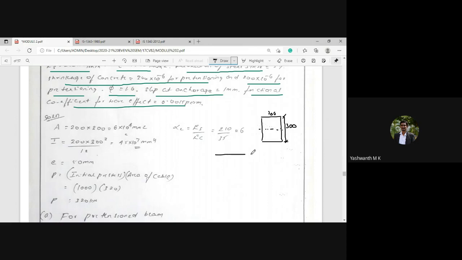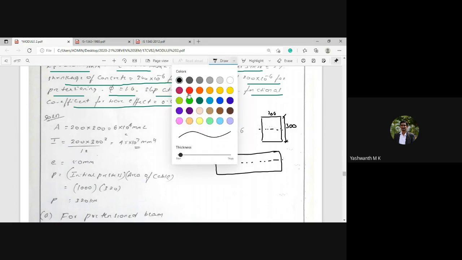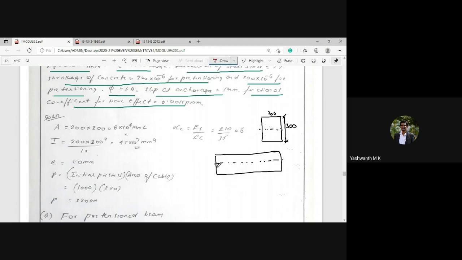So this is the beam, the PSC beam. For this beam, they have placed a cable along the central axis that is at constant eccentricity. What is the meaning of constant eccentricity? That means throughout the length of the beam, the eccentricity will be the same.